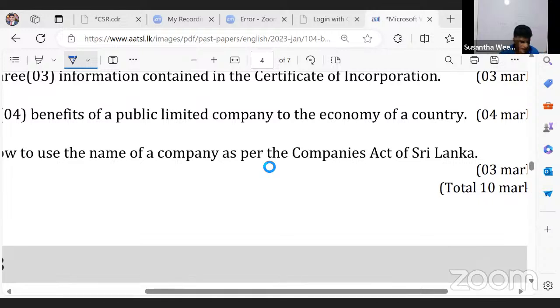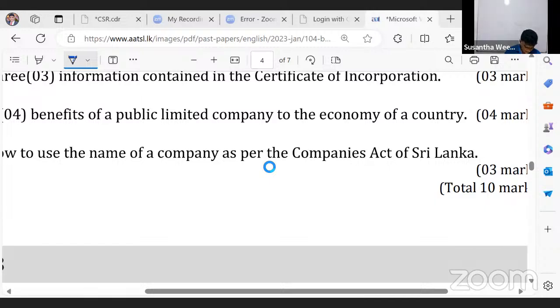How to use the name of a company, right? Normally, if it is a limited liability company, and if it is private limited, at the end of the name it has to be indicated as PVT Ltd, right? Private companies have to write their name as private limited.